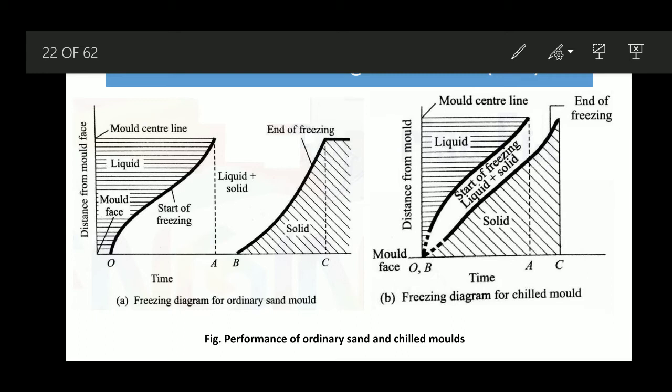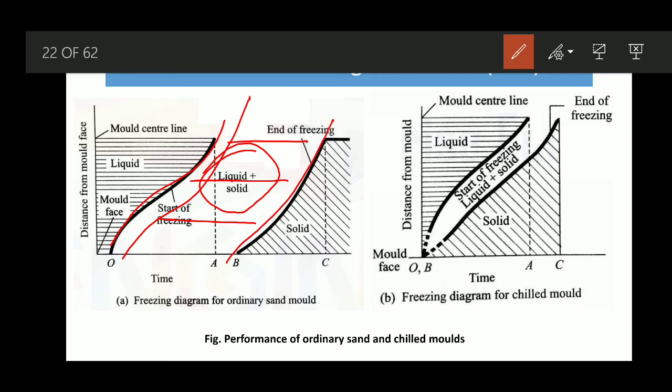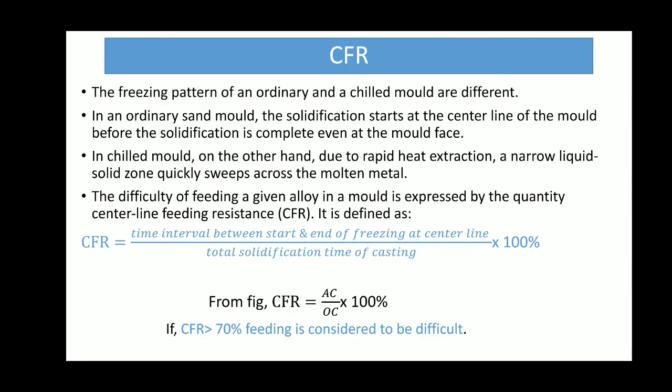In between, during the process of solidification, there will definitely be a liquid plus solid region inside. This line is the start of freezing, and here it ends freezing. So in between it is a solid plus liquid interface. I hope you have understood. So how can this CFR be given?